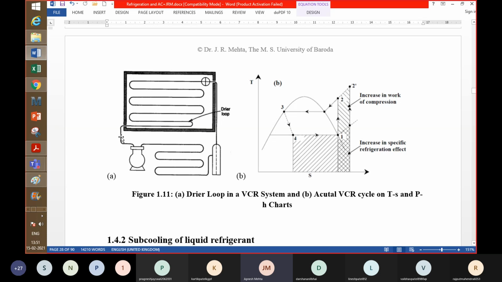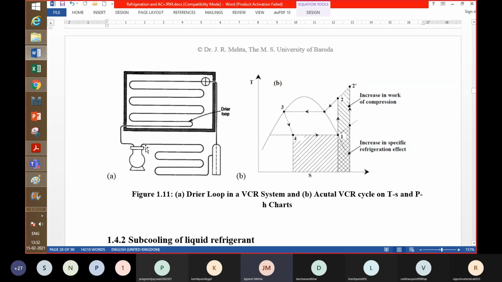But whatever superheating occurs outside the refrigerated space doesn't contribute anything to the cooling in the refrigerated space. So if the heat is entering through this suction pipeline, it's not useful at all, but it is still certainly going to increase the compressor work. So in that case, the COP is bound to decrease.